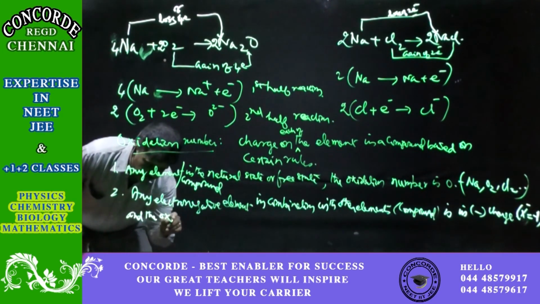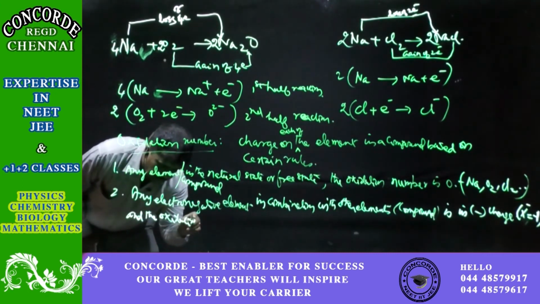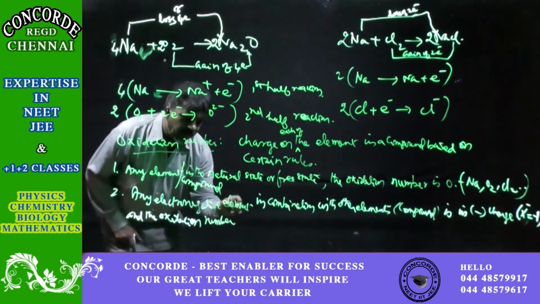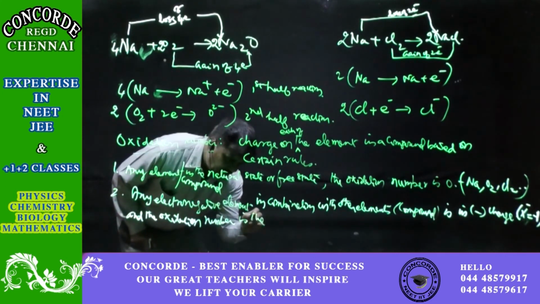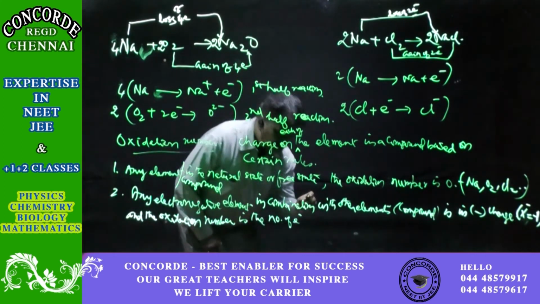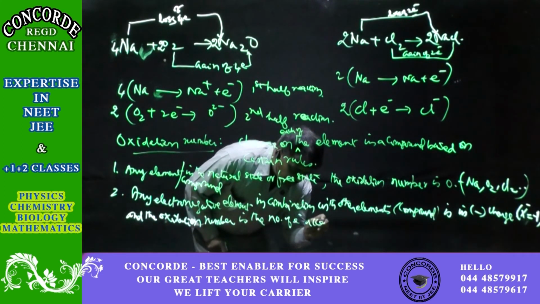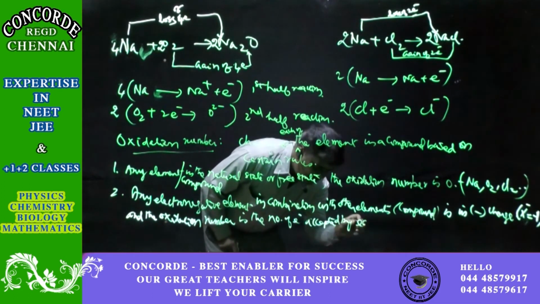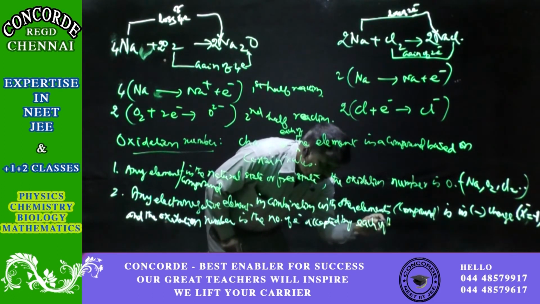And the oxidation number is the number of electrons accepted by each ion.